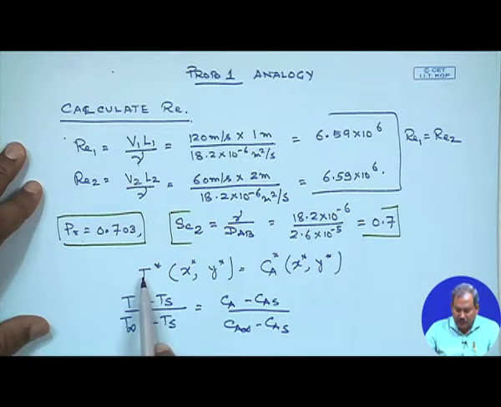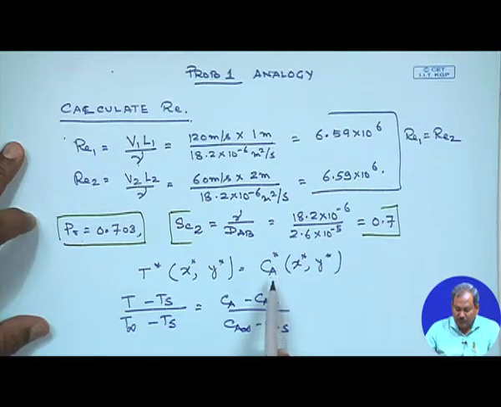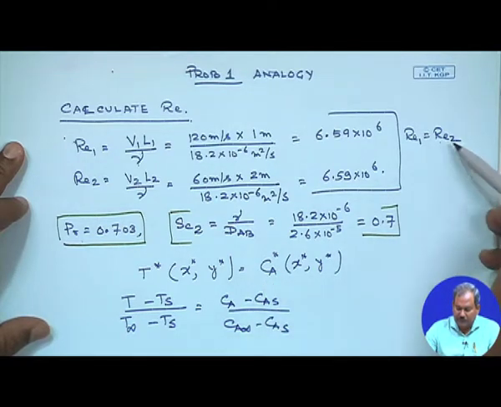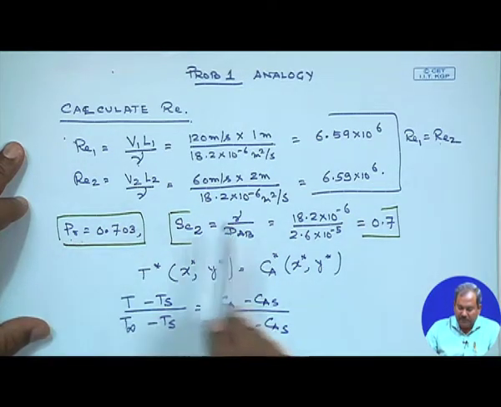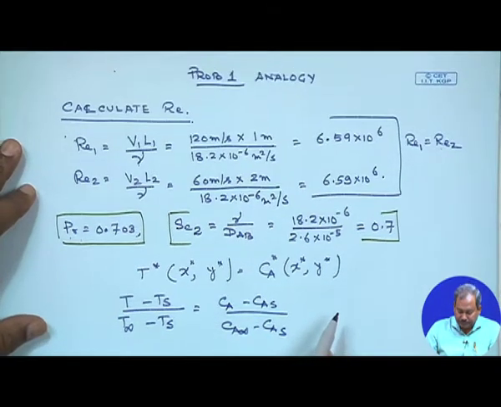So, the equality of dimensionless temperature and dimensionless concentration results because the Reynolds numbers are the same and Prandtl number is equal to Schmidt number. Therefore, the functional forms of dimensionless temperature and dimensionless concentration, defined in this way, are the same.